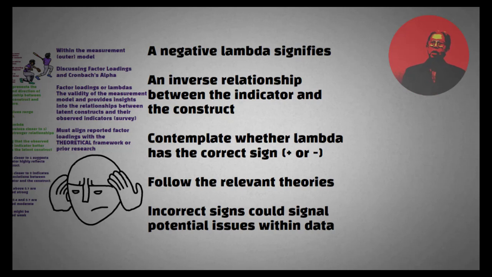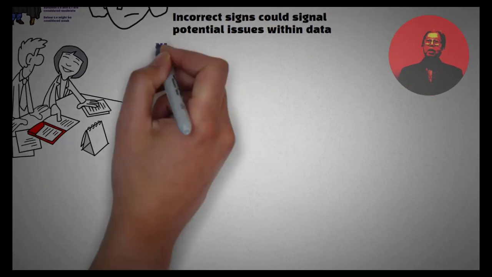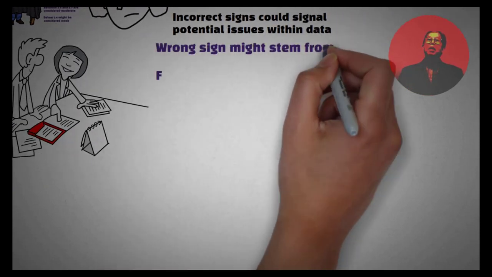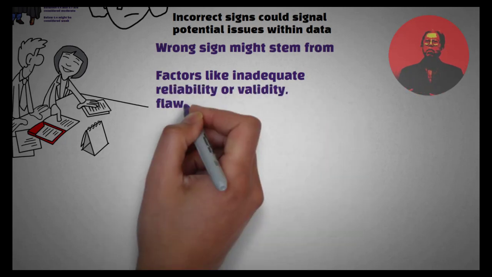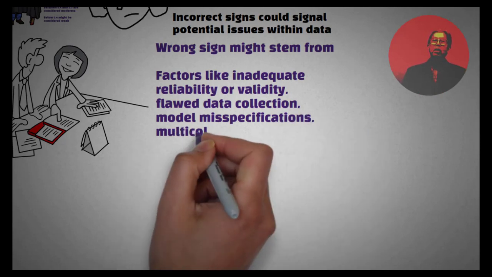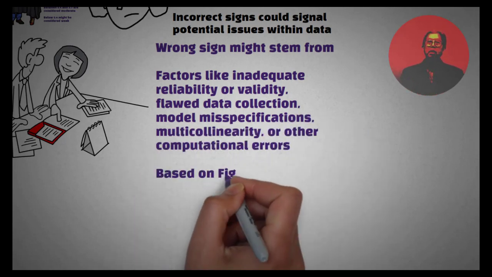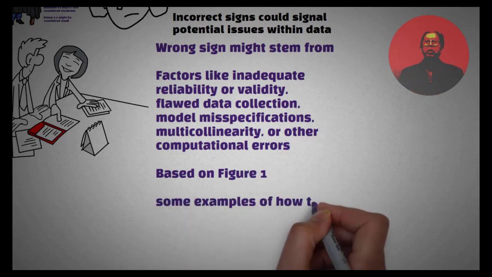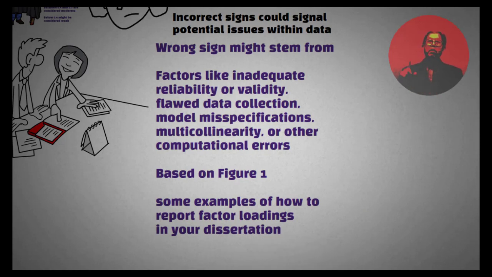Incorrect sign could signal maybe there are issues with your data. This wrong sign might stem from factors like inadequate reliability or validity, flawed data collection methods, model misspecifications, multicollinearity, or other computational errors.